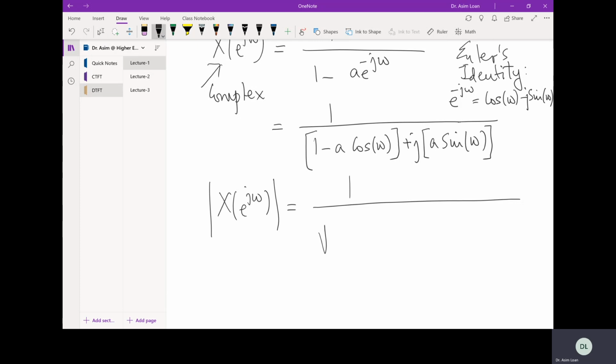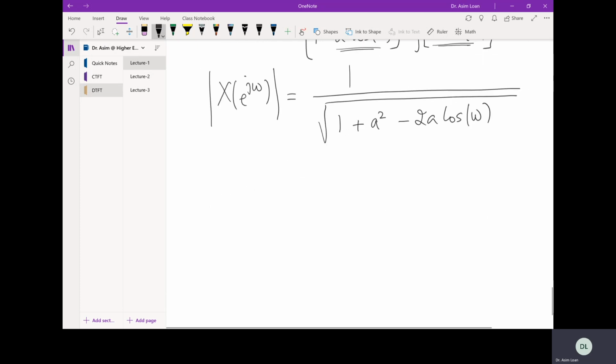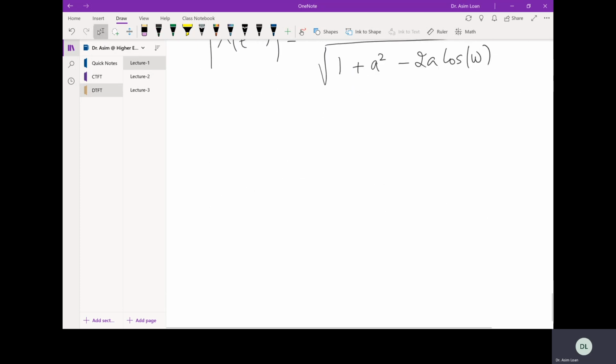So 1 minus a cosine omega, whole square, is going to be 1 squared plus a squared cosine squared of omega, plus a squared sine squared, and the cross product here is minus 2a cosine of omega.